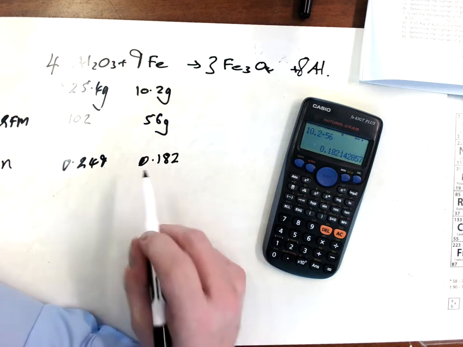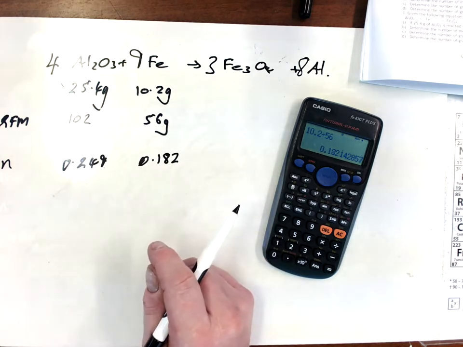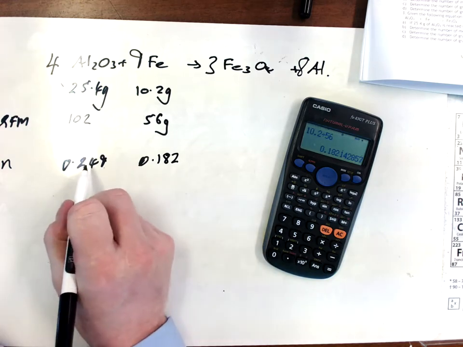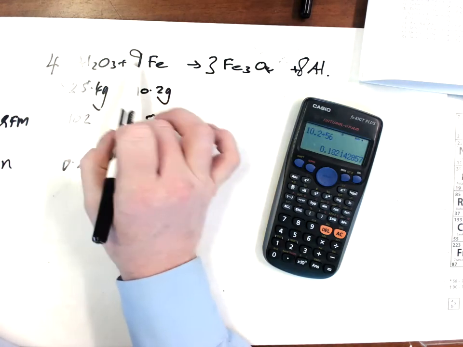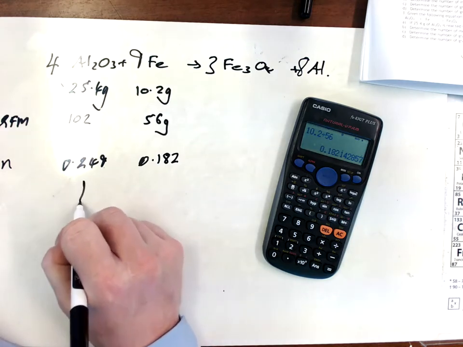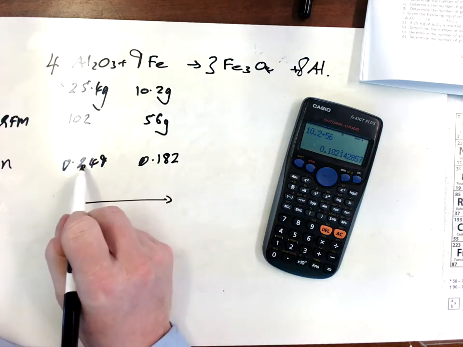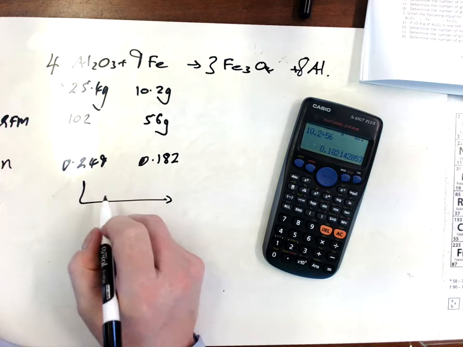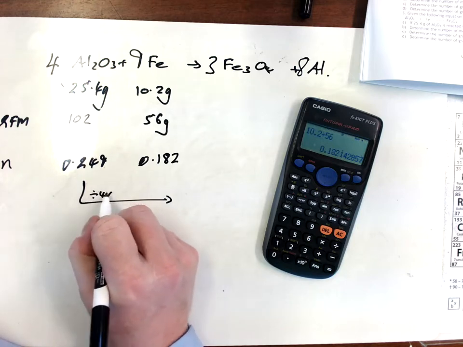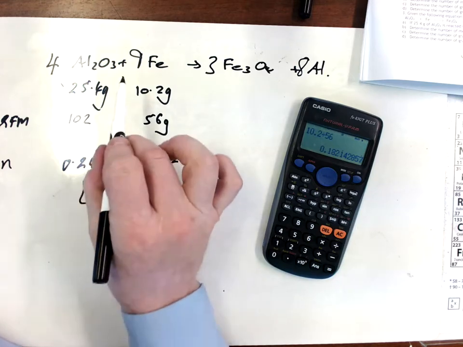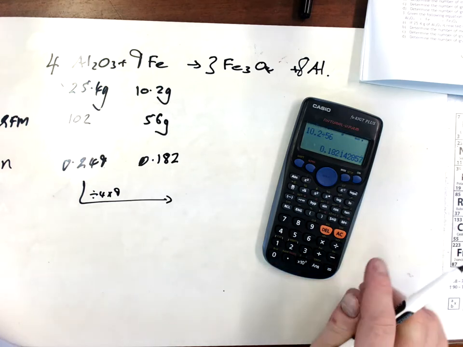So I need to work out now which one's in excess. Immediately it looks as if it's this one, because this is a bigger number, but don't forget I have my 9:4 ratio here. So if I have that number of moles of aluminium oxide, I need to divide that by 4 and times it by 9 to see how many moles of this I would actually need.